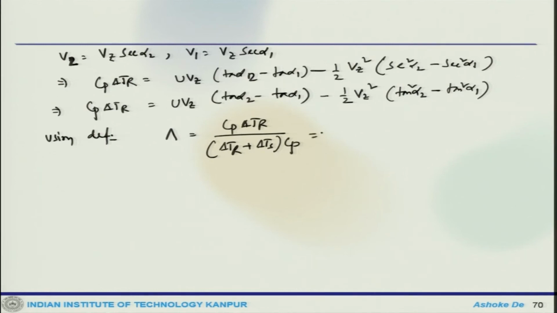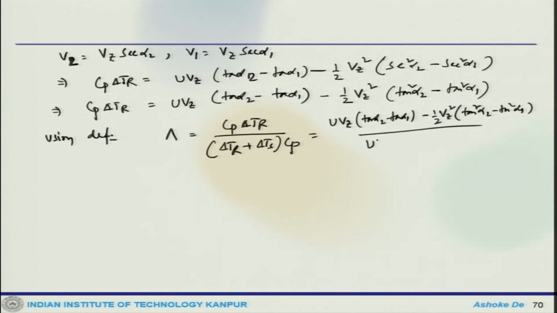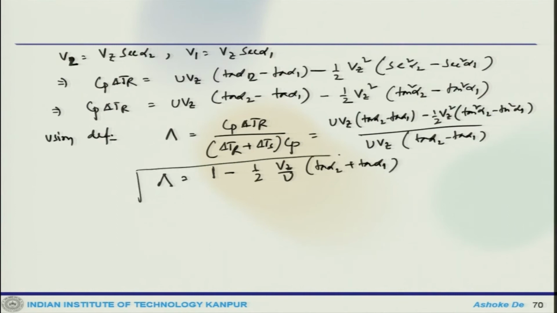So, if I replace this back, u V z (tan alpha 2 minus tan alpha 1) minus half V z square (tan square alpha 2 minus tan square alpha 1), which will get me, this will be 1 minus half V z by u (tan alpha 2 plus tan alpha 1). So, this is what one would get.